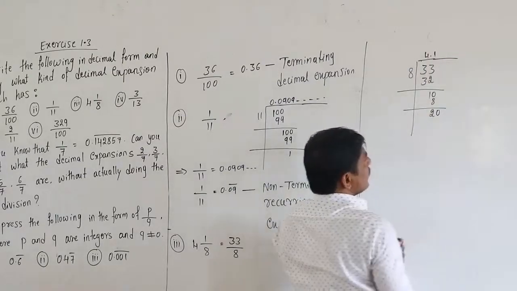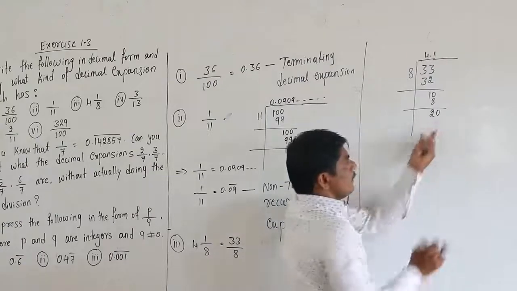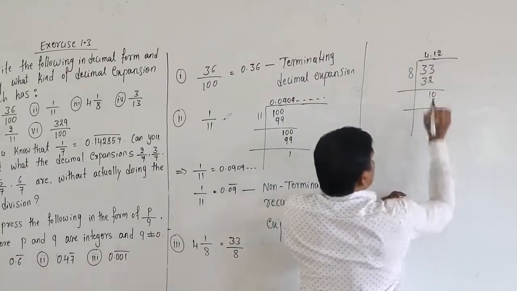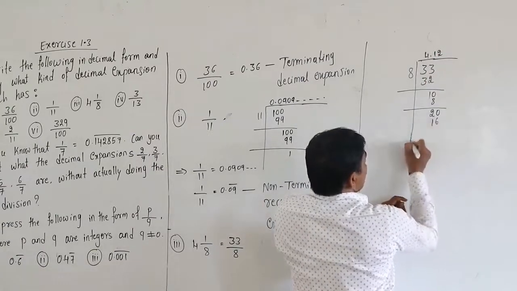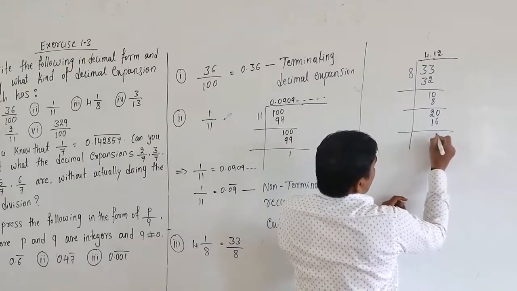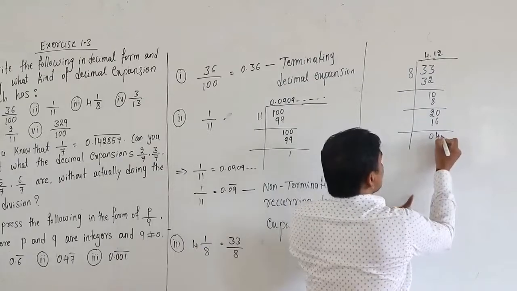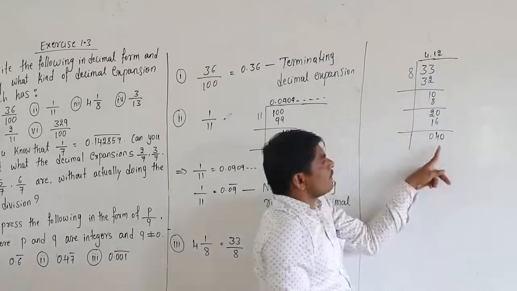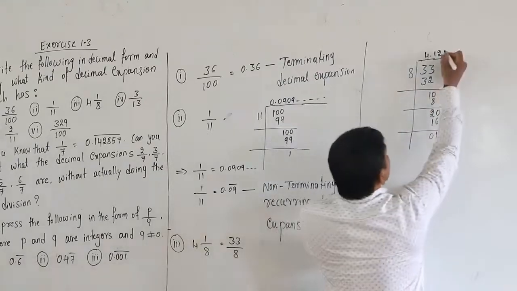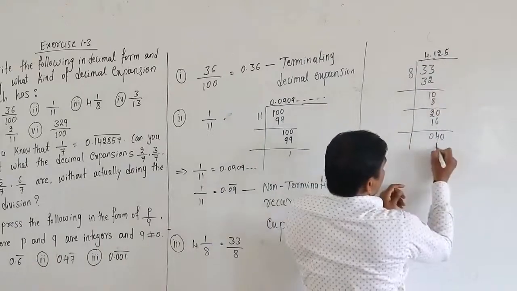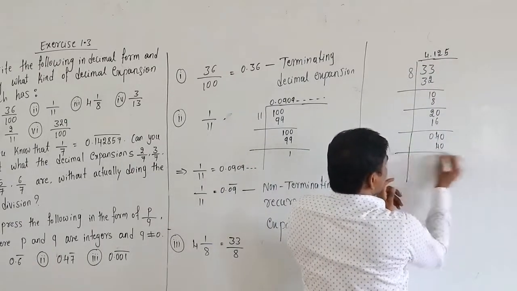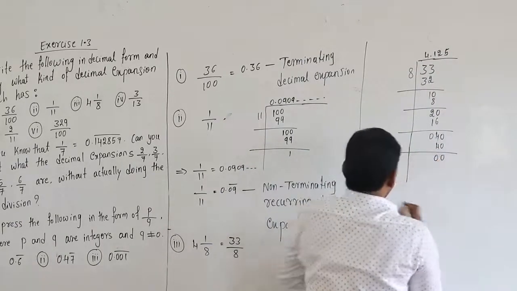That's why you take a 0. Then 20. It means take 2 eights, 16. Now this remainder is 4. Then this value is 0. And again you take one more 0. Now 8 fives are 40. Now the remainder becomes 0.